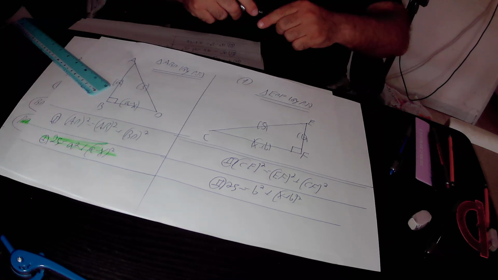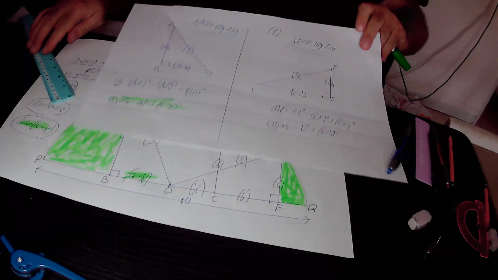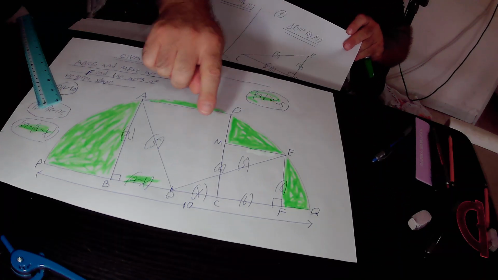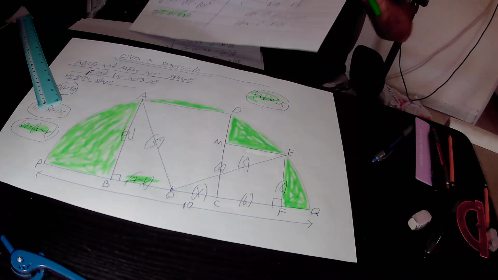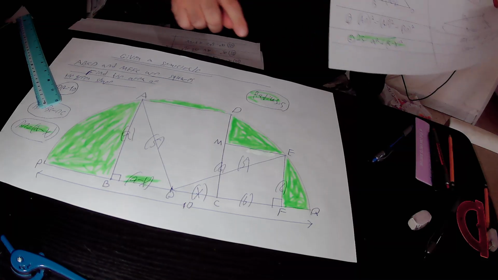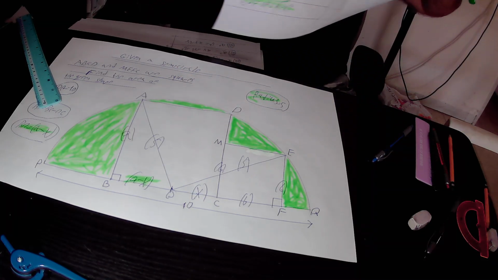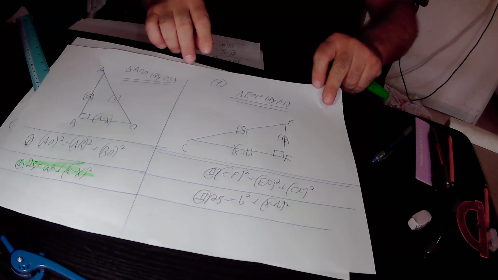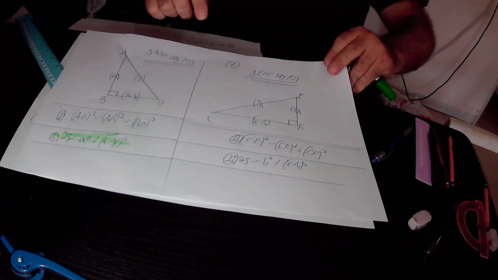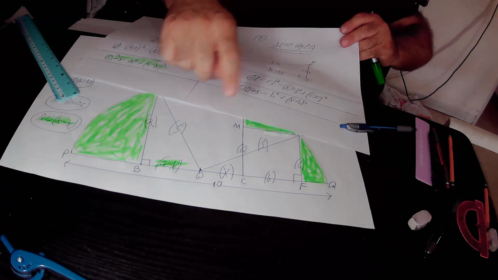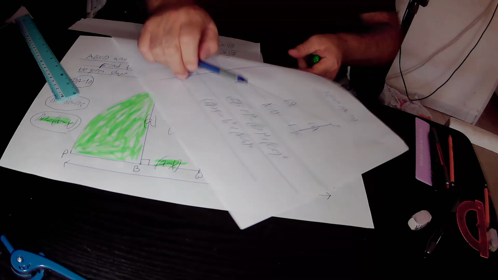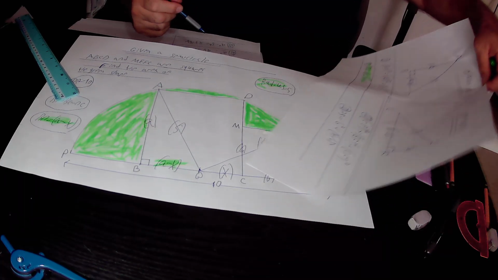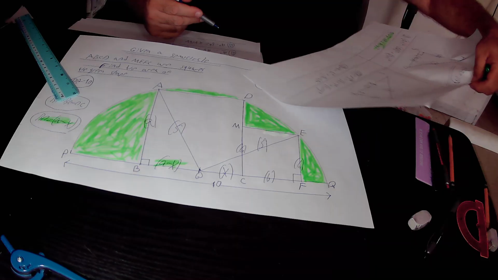In the next step, I copied the right triangle EOF onto a new page and implemented the Pythagoras theorem on this right triangle EOF. This is the right triangle EOF, copied from the original diagram.